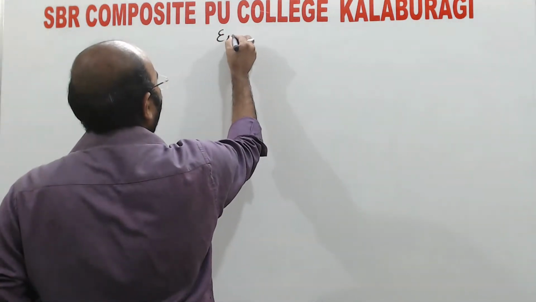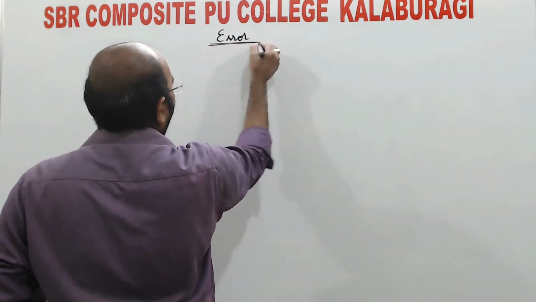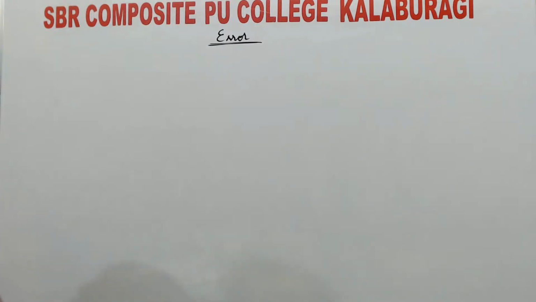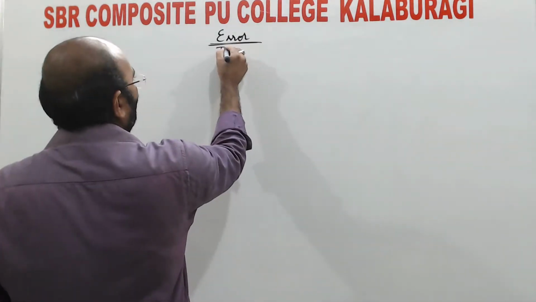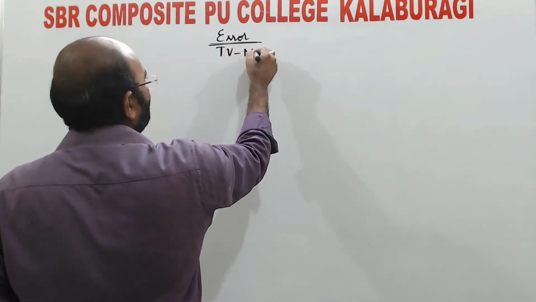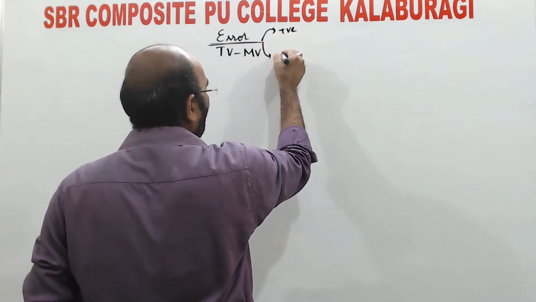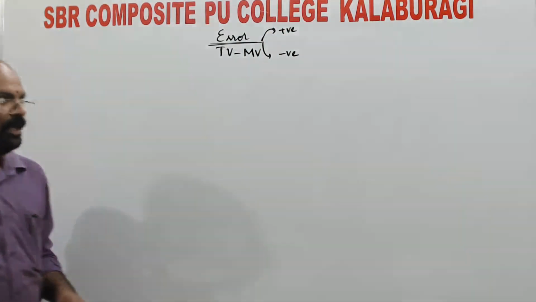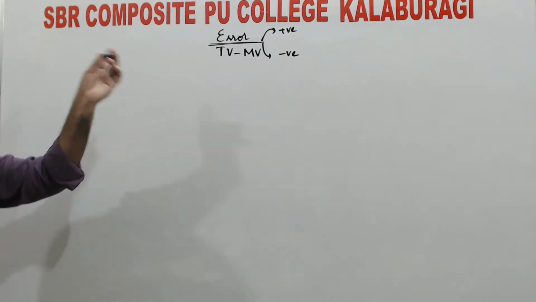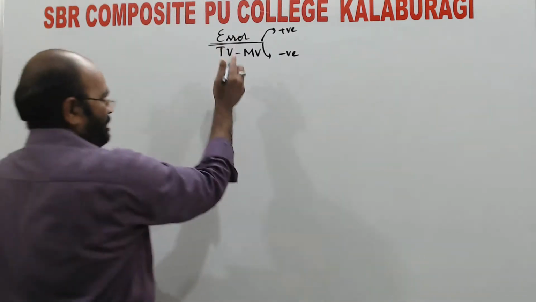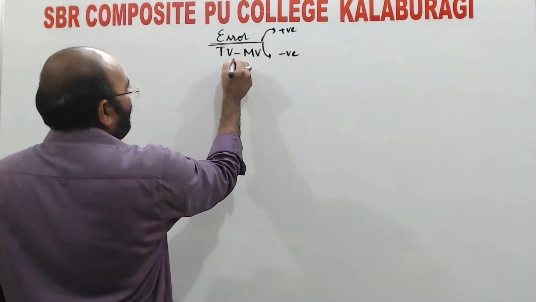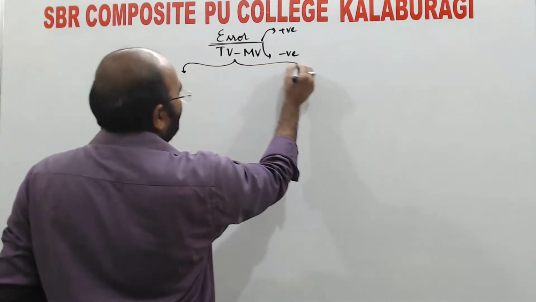What is the first one we have? There is a heading of error. First we went over error. It is the true value minus the measured value. The error may be positive or may be negative. Then after this, how many types of error did we discuss? Two types of errors.